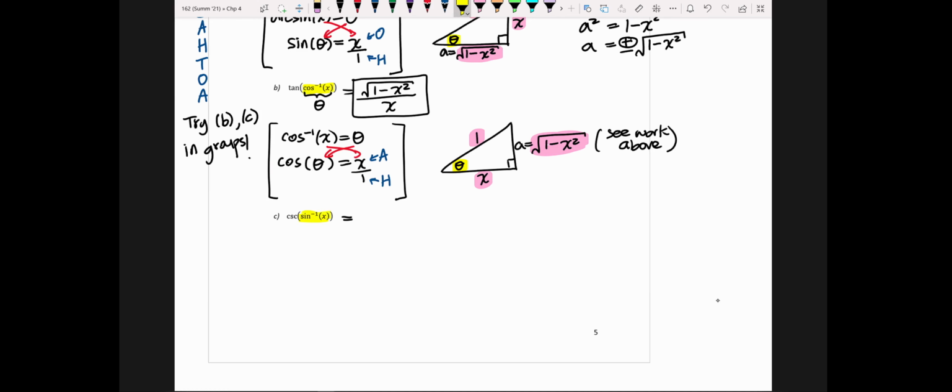We set the inverse sine equal to theta because inverse trig functions are equal to the angles. Trig functions are equal to the ratios. Inverse trig functions are equal to the angles. Okay, so if inverse sine of x is theta, that means sine of theta is equal to x over 1. So we do the switcheroo, and then now we have the info needed to set up our triangle, because we saw above here that sine of theta is opposite over hypotenuse.